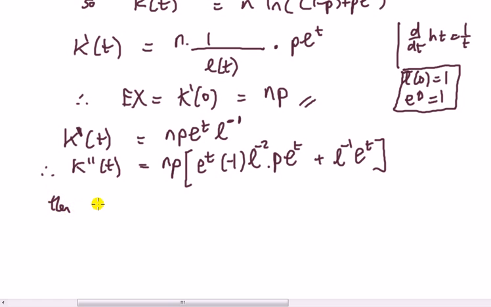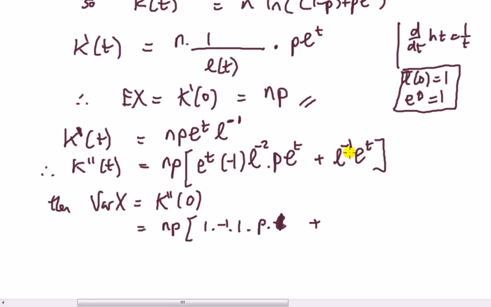Then we have that the variance of X is going to be this second derivative of the cumulant generating function evaluated at t is 0. So we'll have n p and then open up the brackets. That's going to be 1 times minus 1, L to the 0, which we know is 1, times p times e to the 0, which is 1, plus e to the 0 as 1.